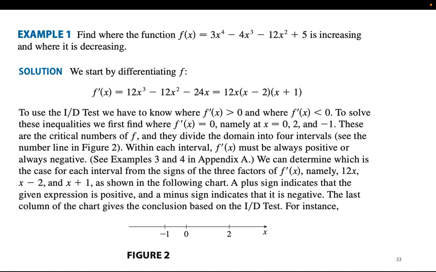And the nice thing is that I only have to pick one number in the interval between these critical numbers. If I pick a number here and I get a positive, then f prime is positive throughout. And the reason is, if f prime here was positive and then became negative, it would have to go to 0, but that's not possible because we've already found the 0s.